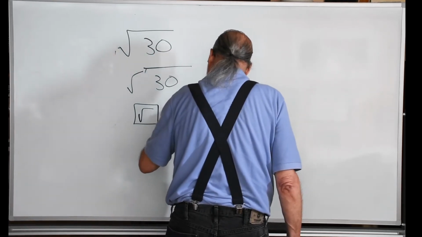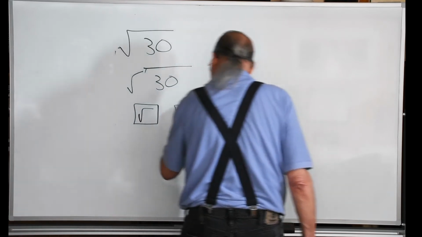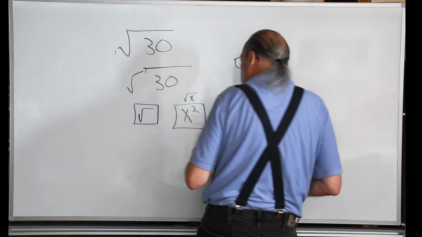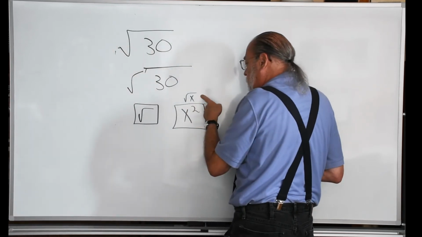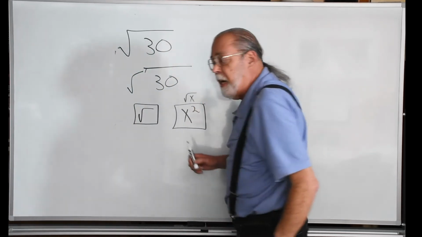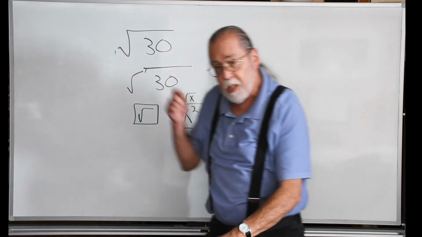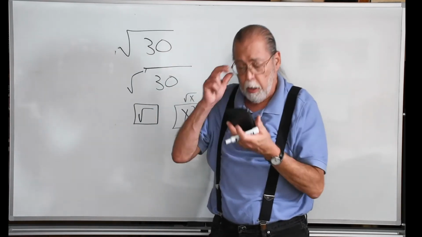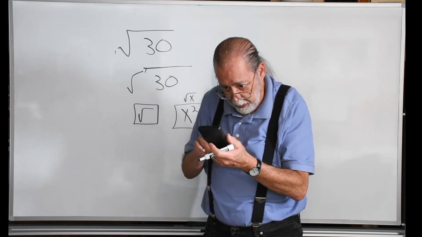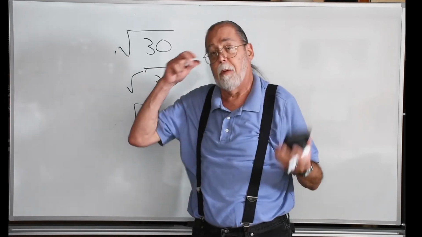Some might have an x squared symbol, and above it they'll have the square root. And to access this function, you must hit the second function and then hit the x squared, and that will give you the square root. That's how mine is, but they're all different. So I just hit shift and I get 5.477 something.